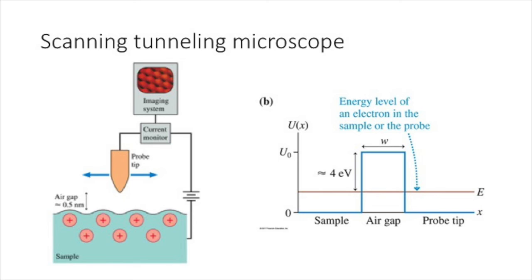Because of tunneling, you can get a non-zero current coming from the sample and up through your probe. The way these typically work is there's a feedback system that maintains a fixed current by adjusting the gap between the sample and the tip as the tip is scanned over the sample. That allows you to get really high resolution, atomic scale topographic images of surfaces.